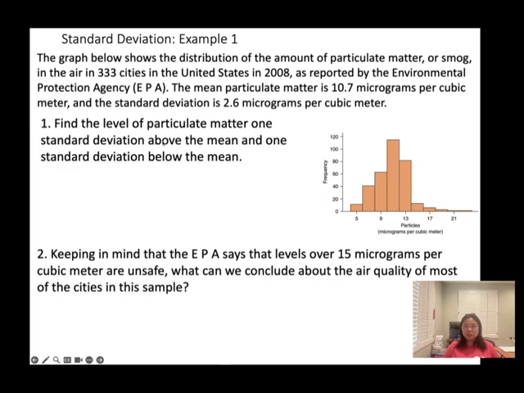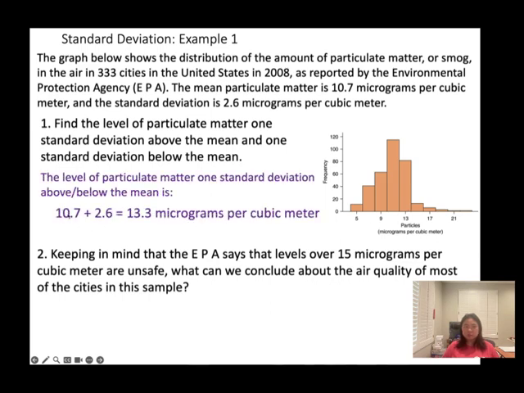Find the level of particulate matter one standard deviation above the mean and one standard deviation below the mean. The mean is 10.7, somewhere like here. We add one standard deviation, so the mean plus one standard deviation is 13.3 micrograms per cubic meter, somewhere like here.